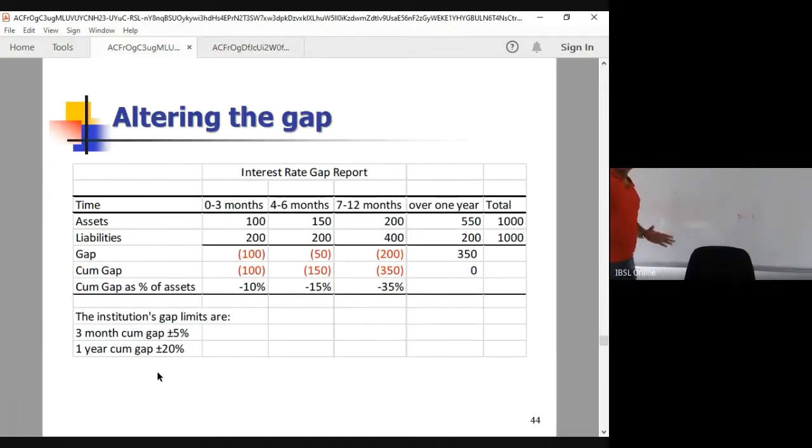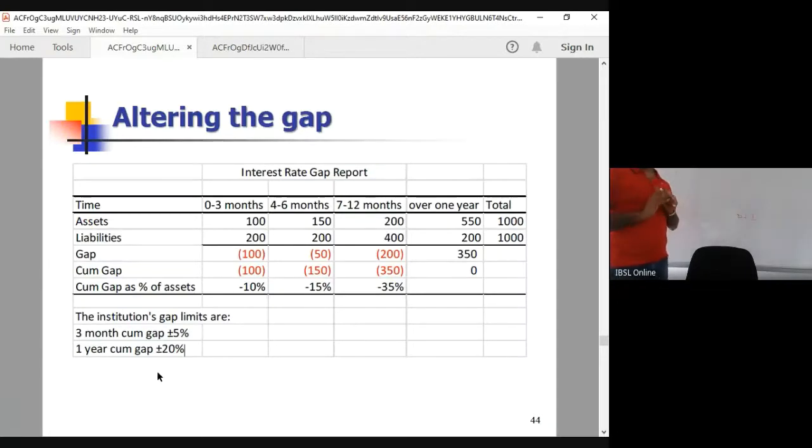You have a report, and that tells you what your limits are. What the management is telling you is, look, in the 3-month bucket, we are only comfortable with you having a gap of plus or minus 5%. In the 1 year, we are only comfortable with having a gap of plus or minus 20%.